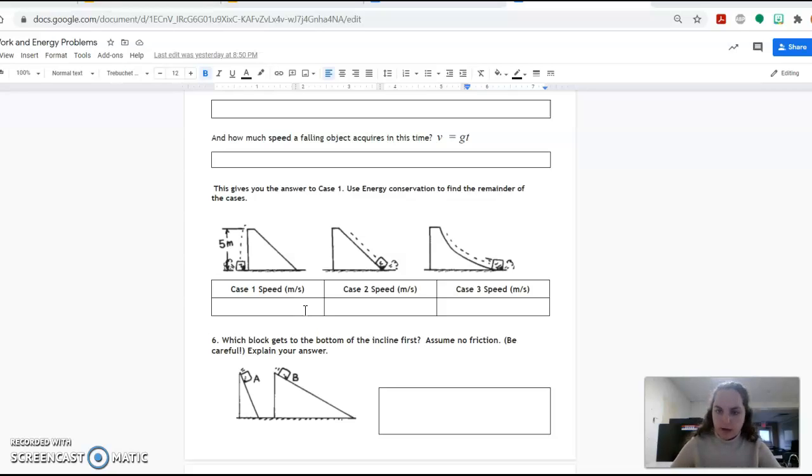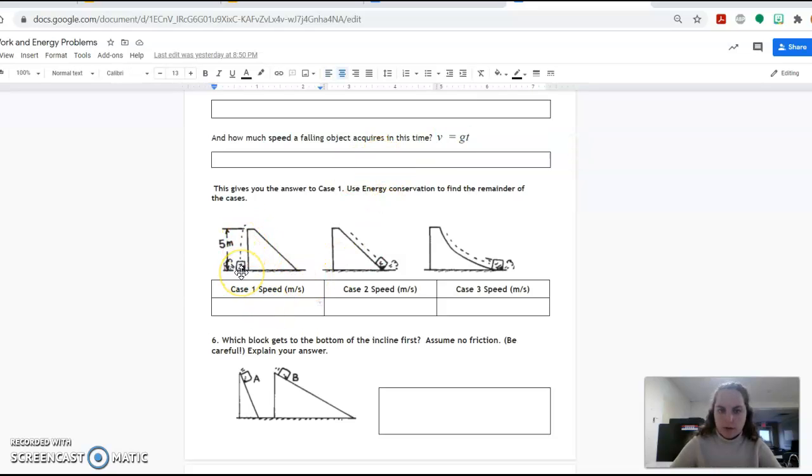This is when we have to recognize that the conservation of energy says that your potential energy plus your kinetic energy initial is equal to your potential energy plus kinetic energy final. So if we solved for the potential energy initial and solved for what the kinetic energy would be at the bottom, well, we just solved for that falling object's final speed right here.